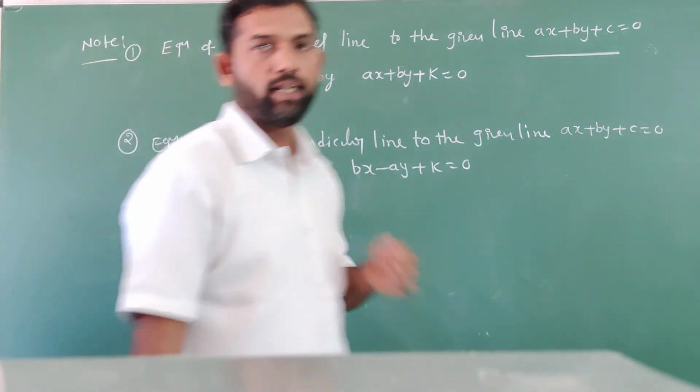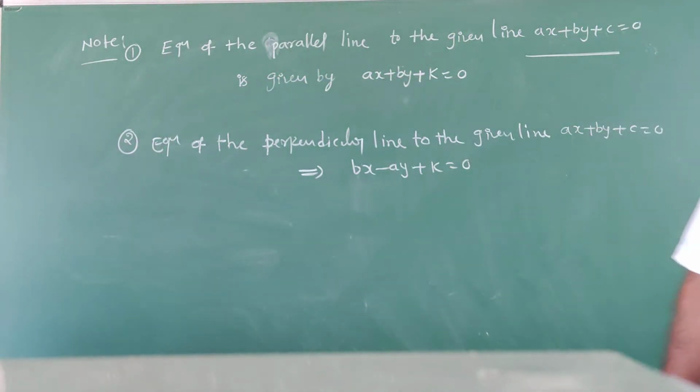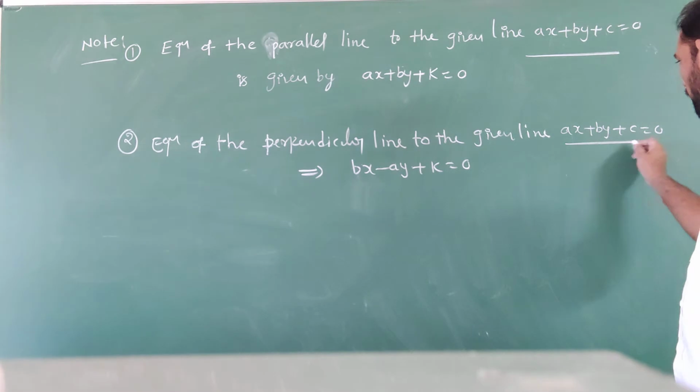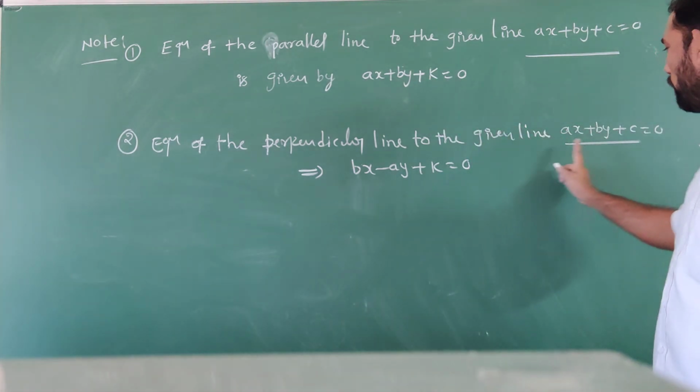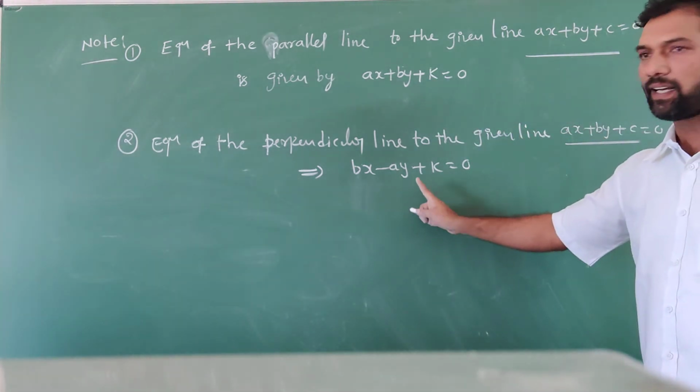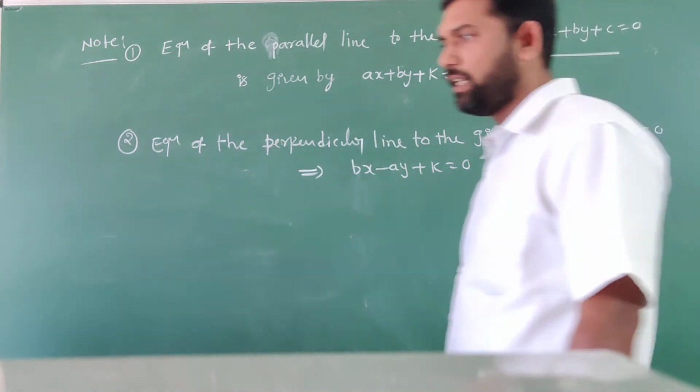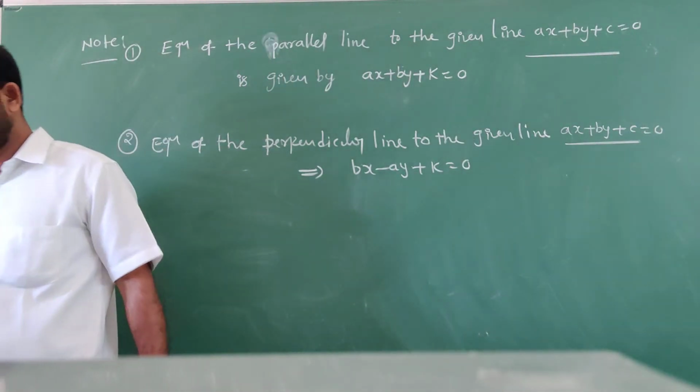So the line is given, the parallel line is this one. The line is given this, the perpendicular line is this one. Okay? So remember these formulas.